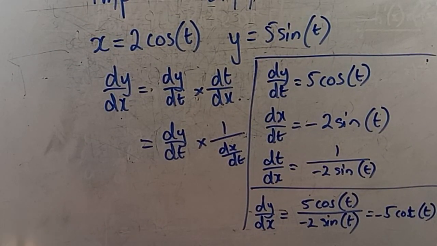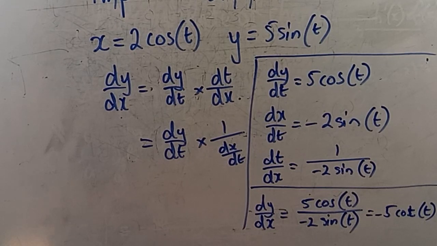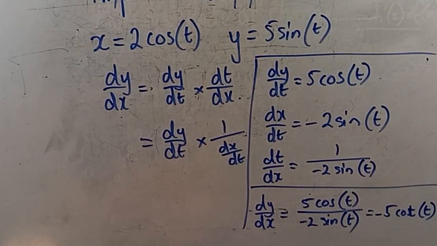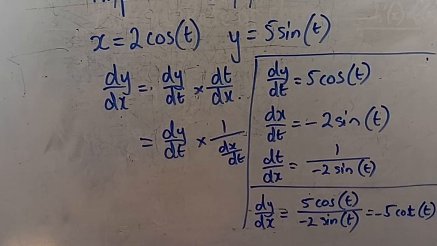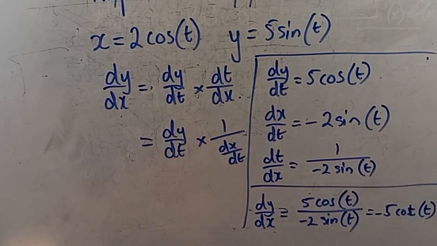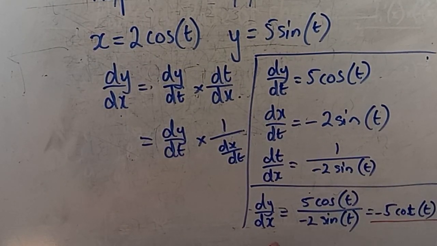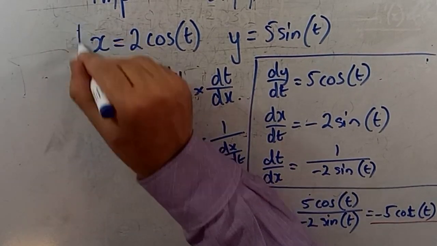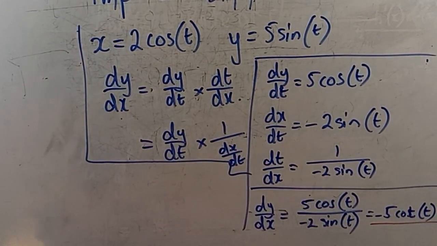Okay, we could change these to x and y's here though, couldn't we? We've got this in terms of t, but we might want dy/dx in terms of x and y. I wonder if this would work. Let's just try this out. Not really sure what's going to happen.